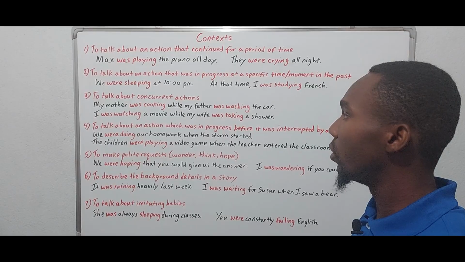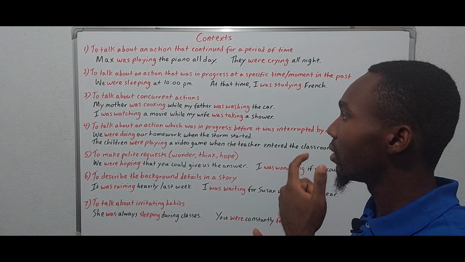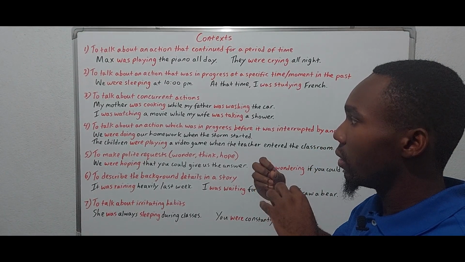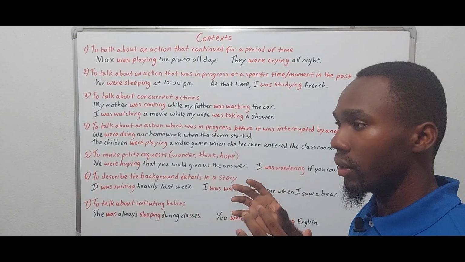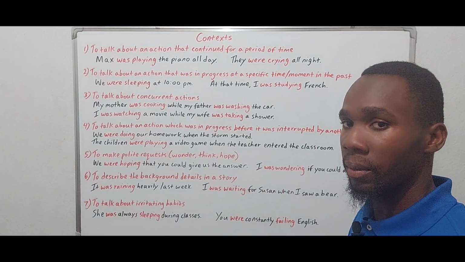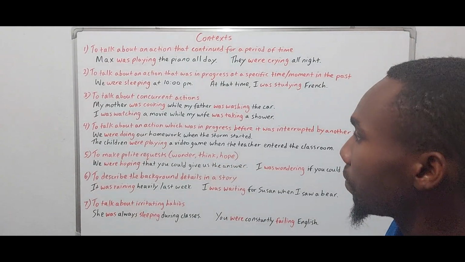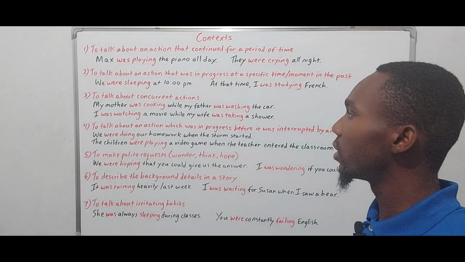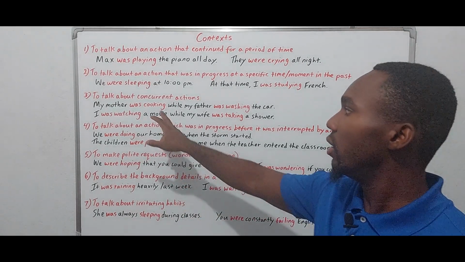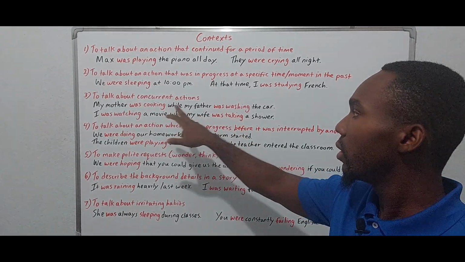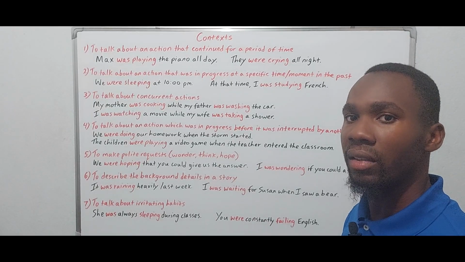Because while is going to tell us that there are going to be two actions that are happening at the same time, right? For example, my mother was cooking while my father was washing the car. These are two actions that were taking place at the same time.